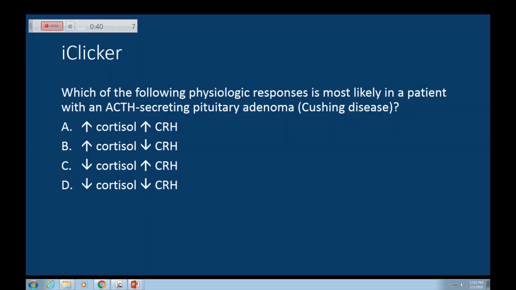So in this case, just so you know, ACTH secreting pituitary adenoma leads to the overproduction of adrenocorticotropic hormone.